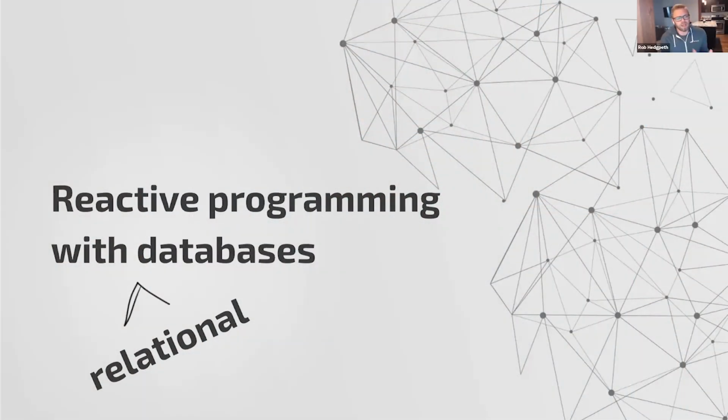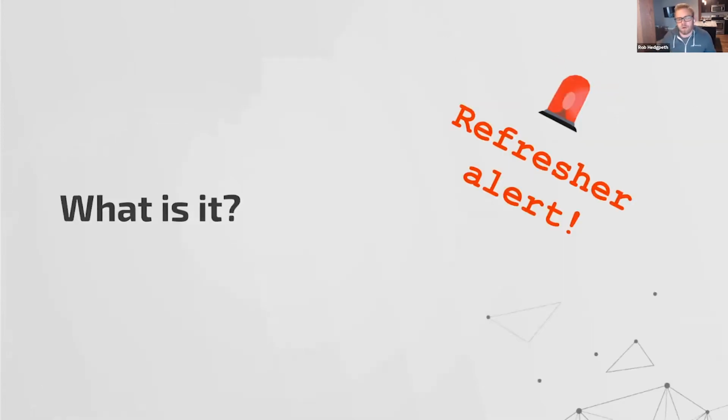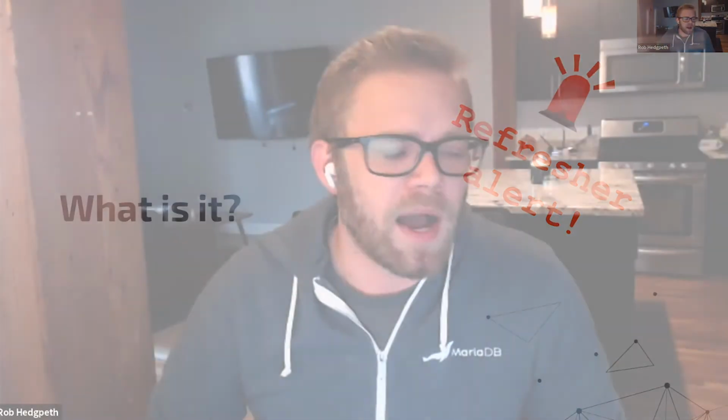But before I can talk about reactive programming with databases, or more specifically relational databases, I'm first going to have to start with some of the basics. Some of these things have been mentioned before, areas such as reactive streams and the API that goes along with that, and using this thing called backpressure. I don't want to assume that everybody knows what those things are, though likely a few of you do.